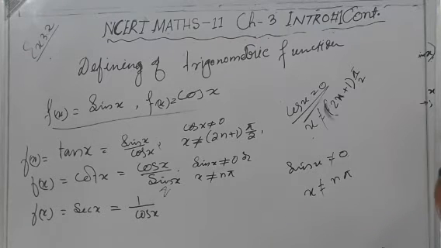So to make this function defined, we cannot consider cos x equal to 0, or x is equal to 2n plus 1 times of pi by 2.